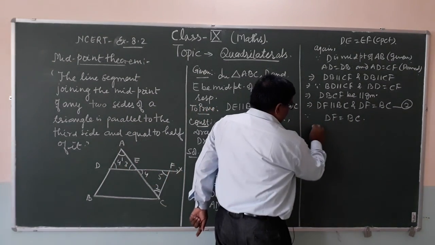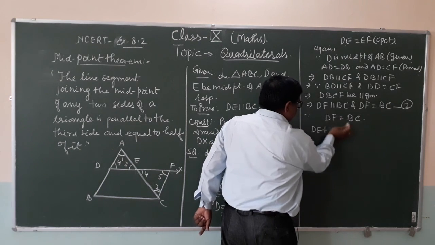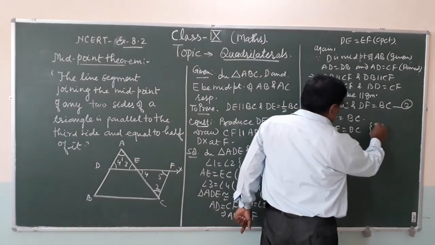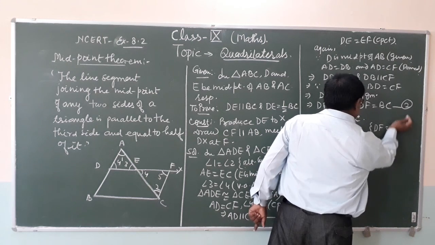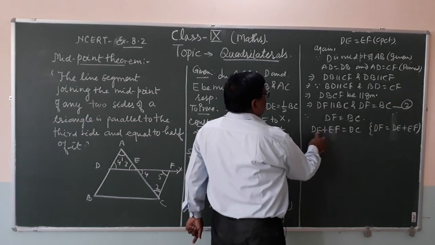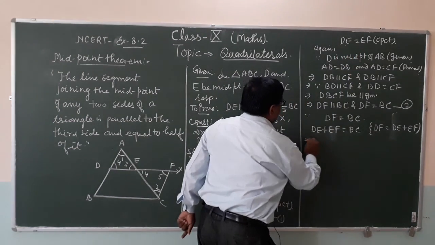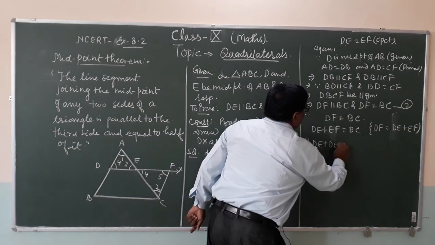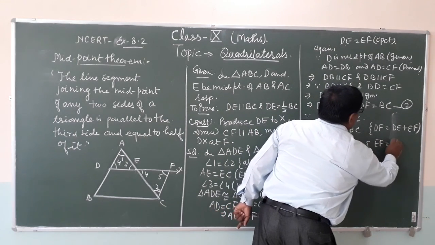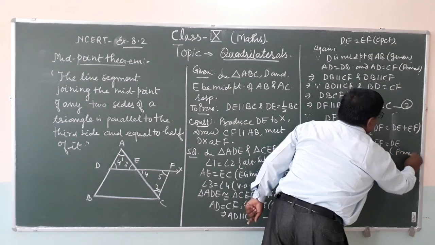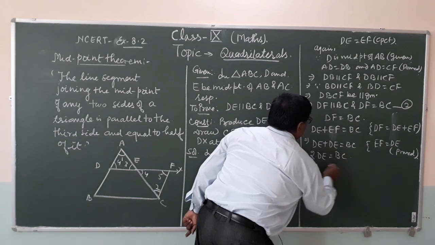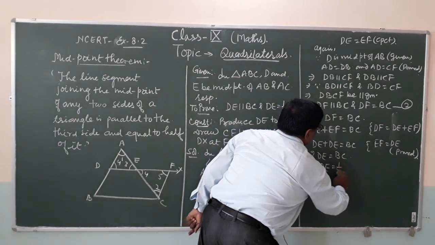Now DE plus EF is equal to BC, and EF is equal to DE, already proved by CPCT. So DE plus DE is equal to BC, 2DE is equal to BC. This implies that DE is equal to 1 by 2 BC.